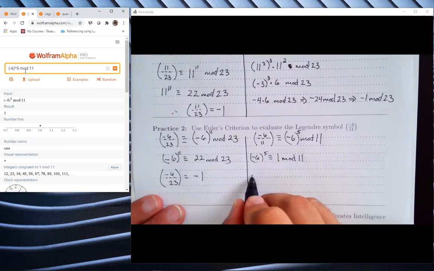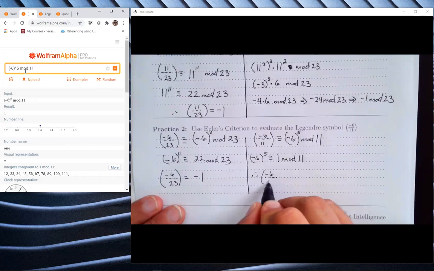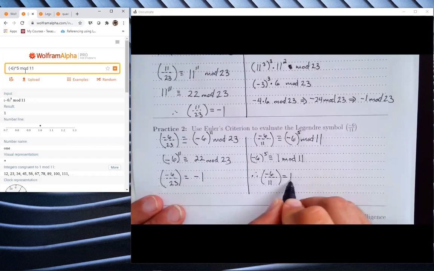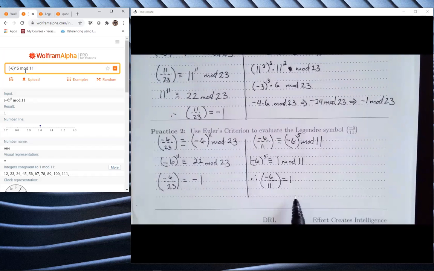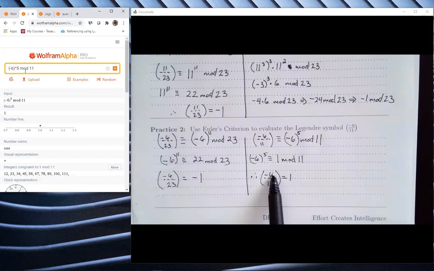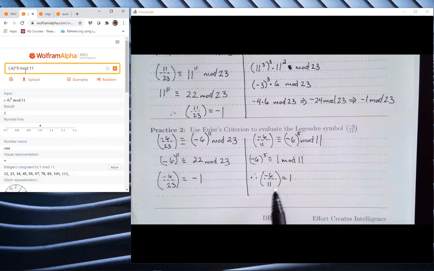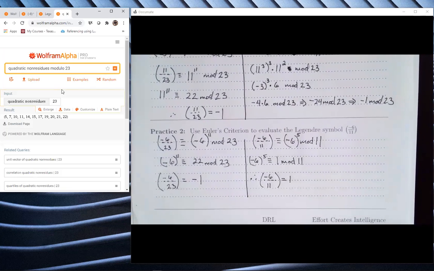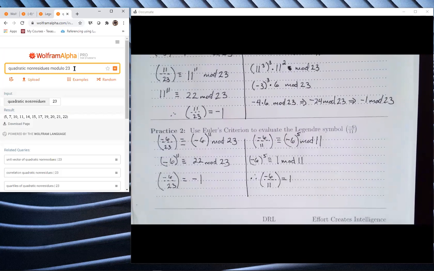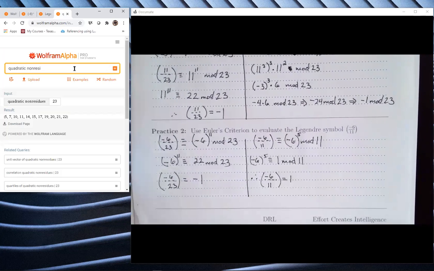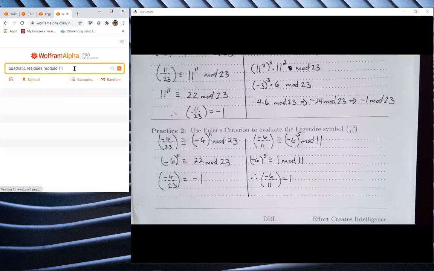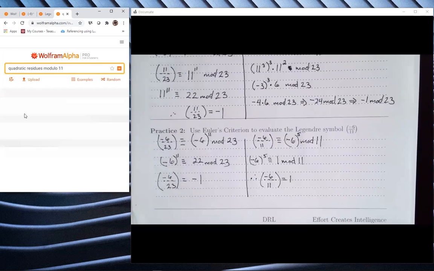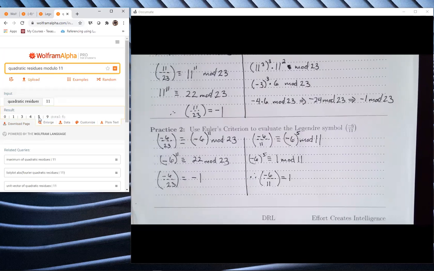So therefore, our Legendre symbol of -6 modulo 11 will equal 1, which indicates that -6 is a quadratic residue modulo 11. Of course, we could check whether that's true by asking what the quadratic residues modulo 11 are. We see that they do include 5, and we know that -6 plus 11 is equal to 5.